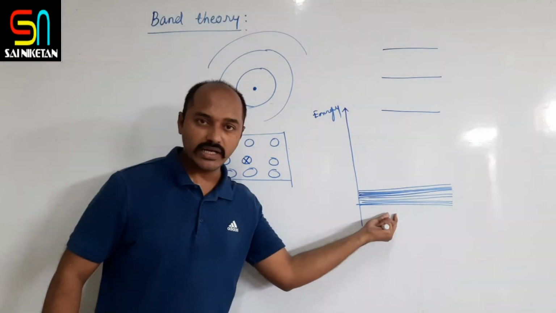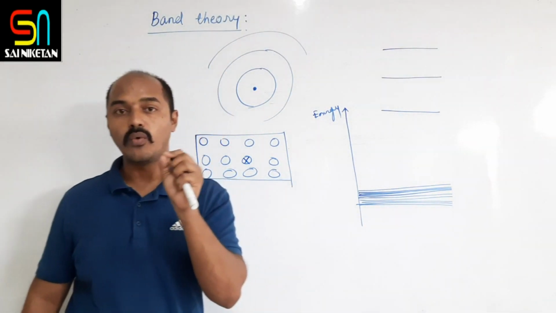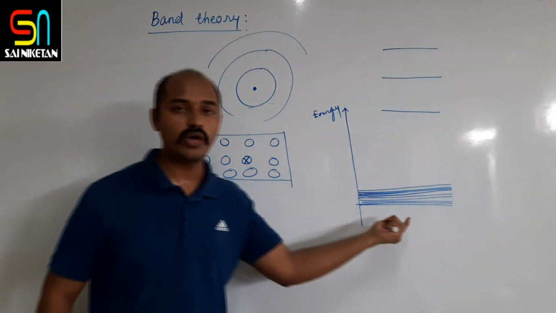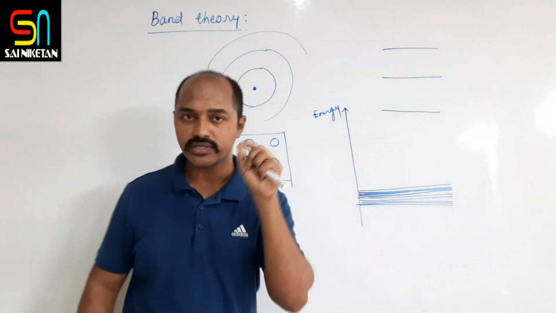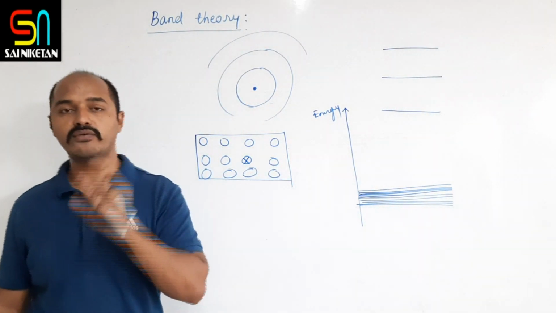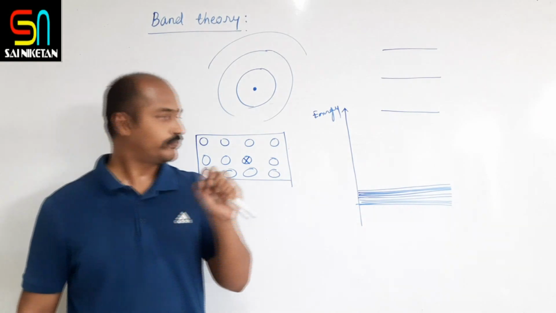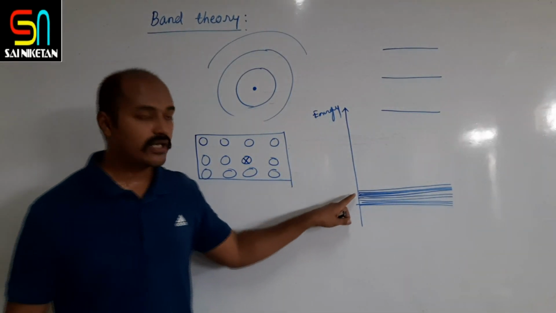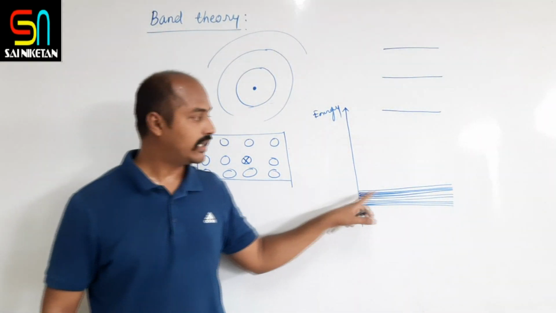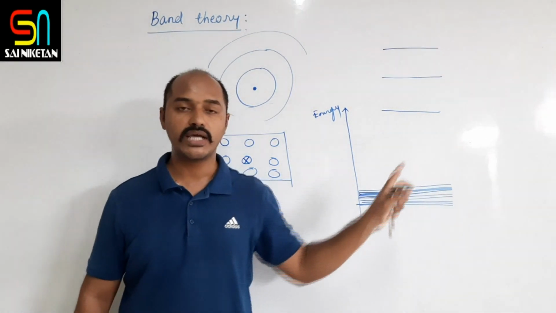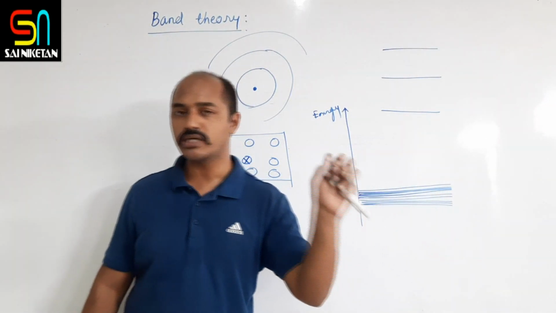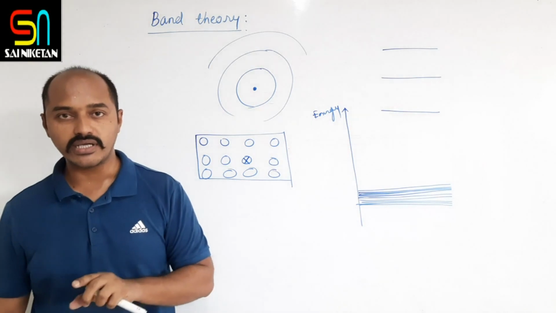This band of energy is because of valence electrons. We have considered all the valence electron energy levels. But if we see here, only one energy level is not there, but several energy levels are there.